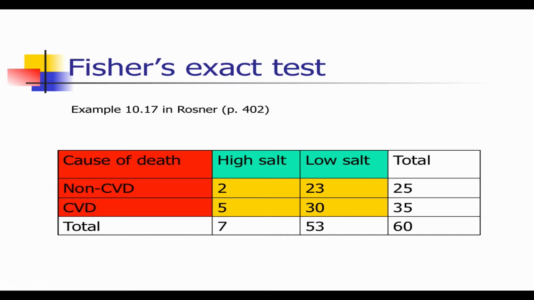Let's say this is P1 under the null, this is P2 under the null, and this is P observed under the null. Those are all my enumerations. Those are all the situations that are more extreme, supporting the alternative hypothesis.